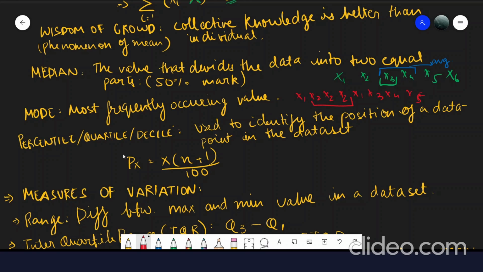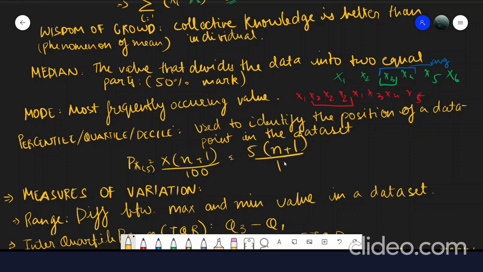And then we have the percentile, quartile, and decile. The percentile, quartile, and decile are used to basically identify the position of a data point in a data set. So if I want to find the data point which comes in the 5th percentile of the data set, I would basically replace this value x with 5, okay? And so the formula would become 5 times (n + 1) divided by 100, where n is the total number of observations in the data set.